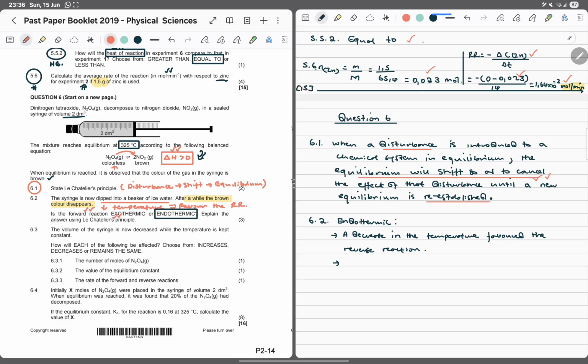Number 2. Now this is when Le Chatelier's principle comes in. This is where the principle is stated. What does Le Chatelier say? Remember, when we drop the temperature, that's a disturbance. How will the equilibrium react? It will try to increase that temperature, to oppose that disturbance. So we know that a drop in temperature, or a decrease in temperature, favors the exothermic reaction.